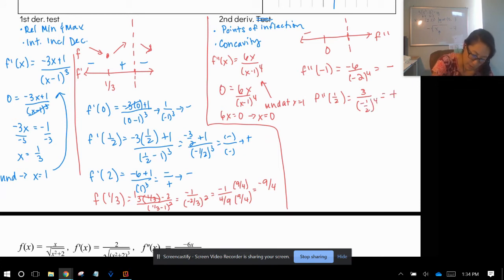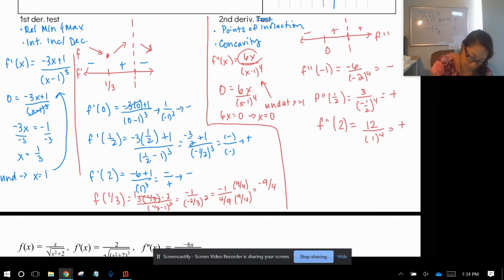That's going to give me a positive value. Positive divided by positive gives me a positive. And then f double prime of 2, I'm going to choose 2, is equal to 6 times 2 is 12 over 2 minus 1 is 1 to the 4th, which also gives me a positive.